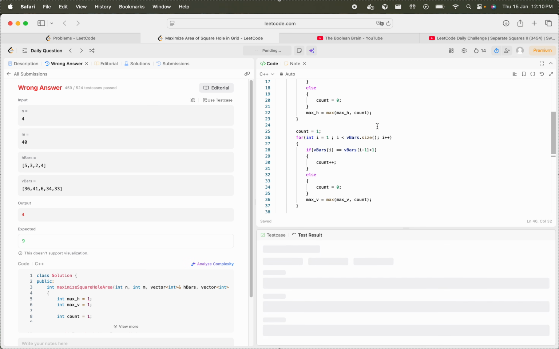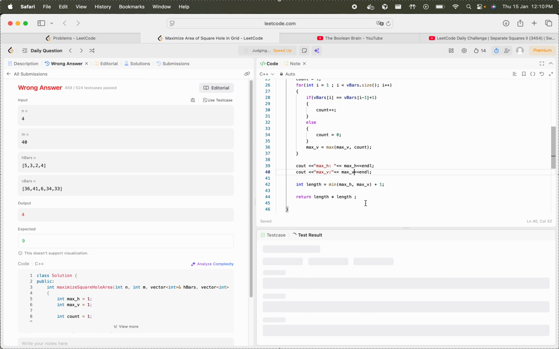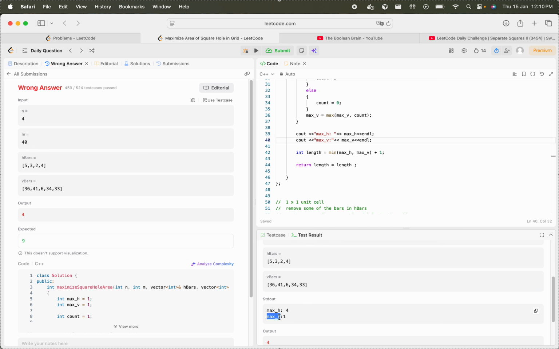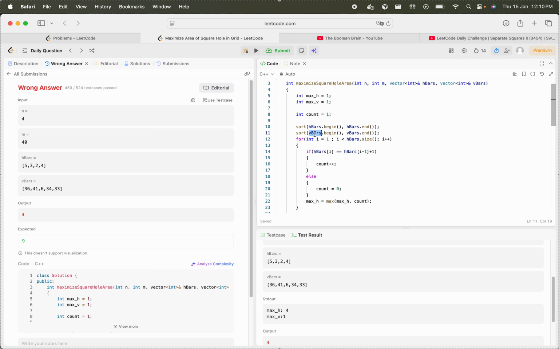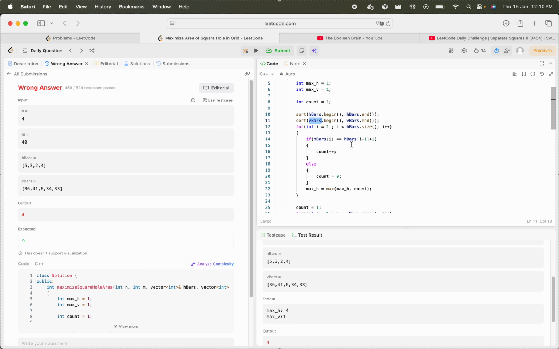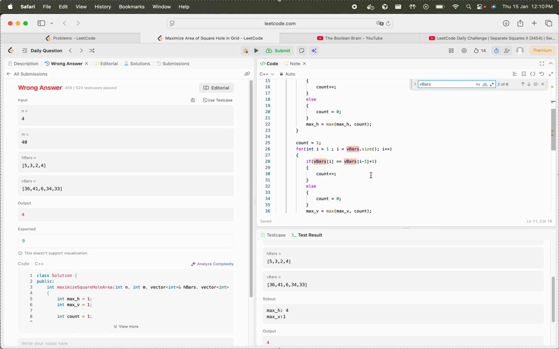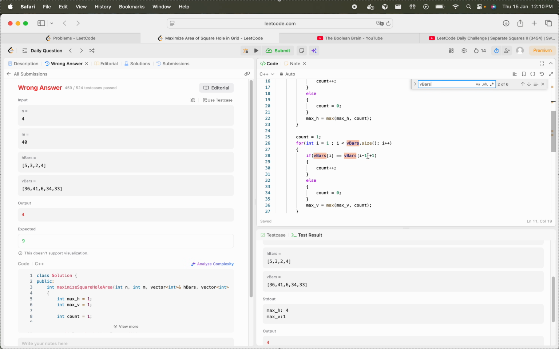Okay. For this, if you can see, the max v is coming as only 1. It should not have been. Max v, we have sorted it. So this sort internally uses intro sort. Okay. And v bars, we are iterating on v bars.